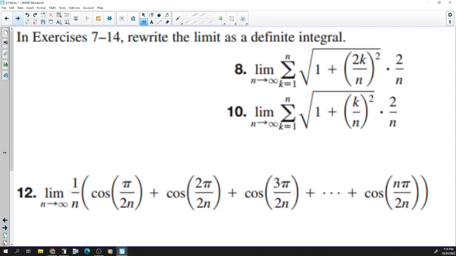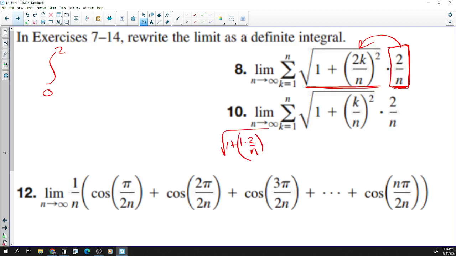How about this limit notation? This is actually the function, and that's the height, and this is the base. Now, if we're cutting the base into n pieces, that means we're integrating from 0 to 2. How do we do this? We'd plug in the first 2 over n into the function. So we'd have 1 plus this thing squared.